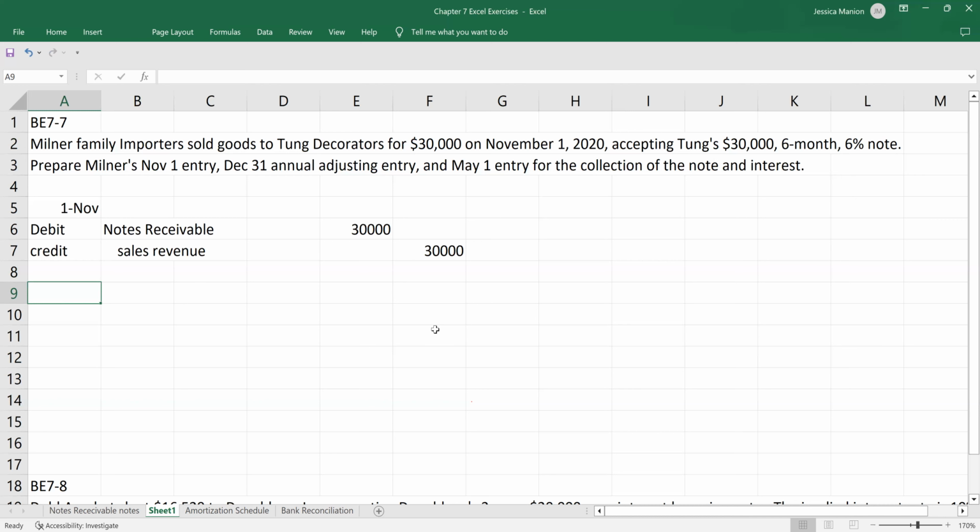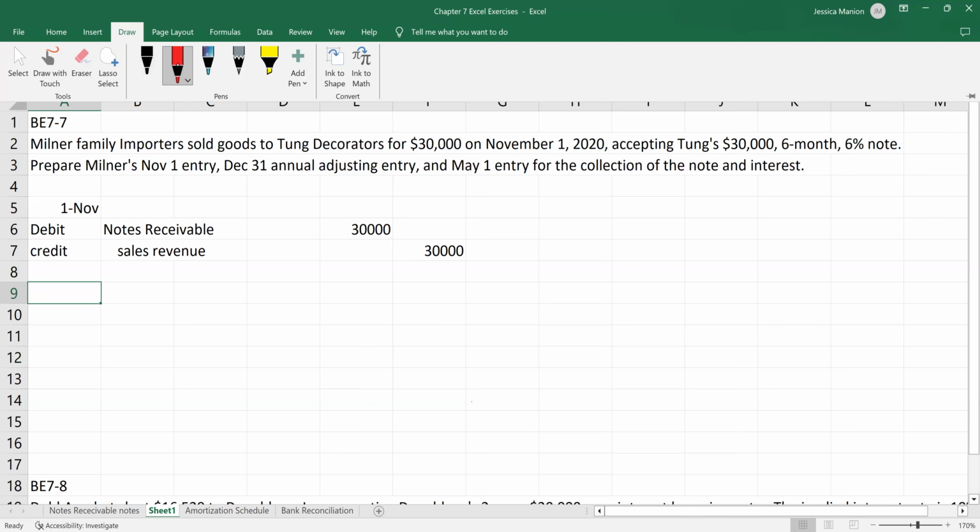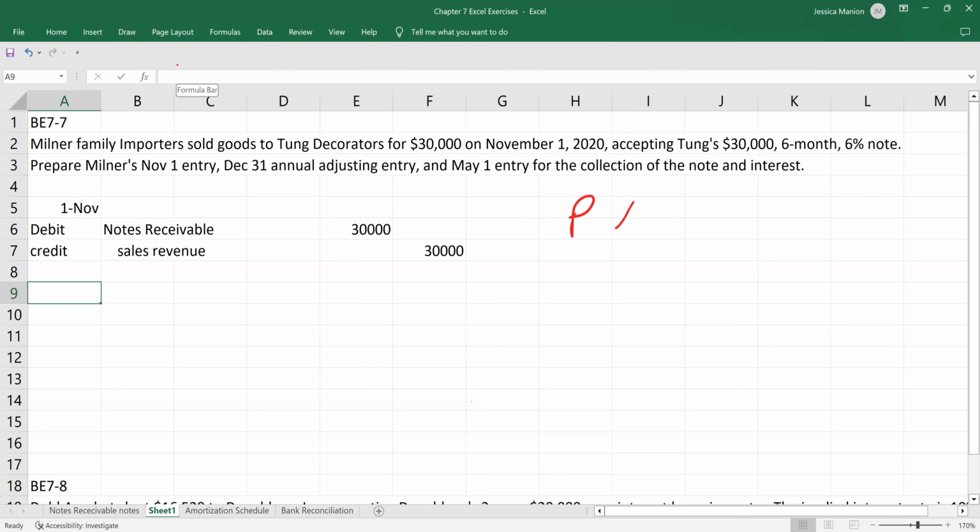And by the way, let me show you for the entire 6-month note. Remember, we can think about interest expense, or interest revenue in this case, as the principal times the interest times the time. That equals, in this case, our interest revenue, because we are the one accepting the note, the one owed the note.